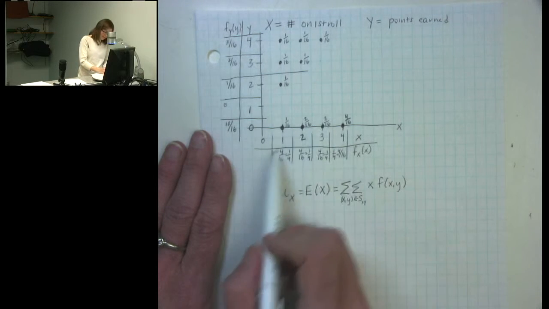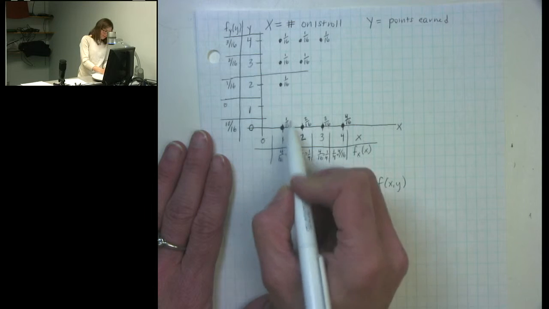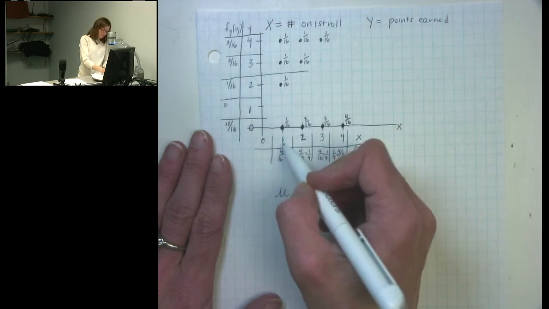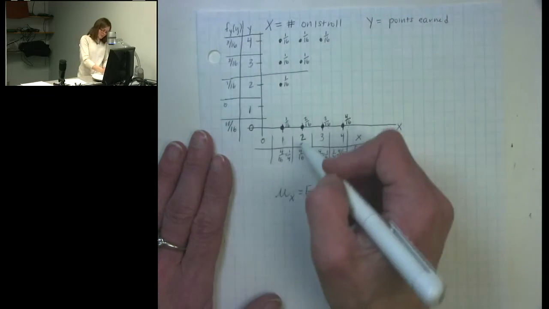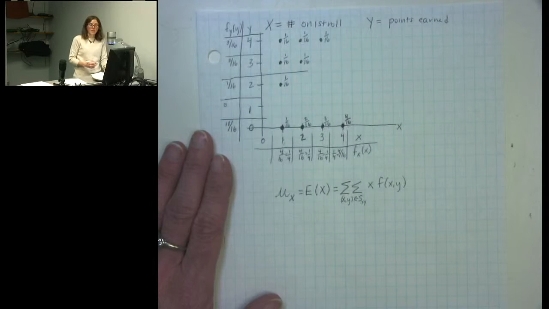So in this case, I'd have 1 times 1/16 plus 1 times 1/16 plus 1 times 1/16 plus 1 times 1/16 plus 2 times 2/16 plus 2 times 1/16, and so on.